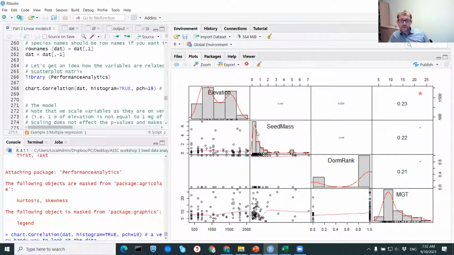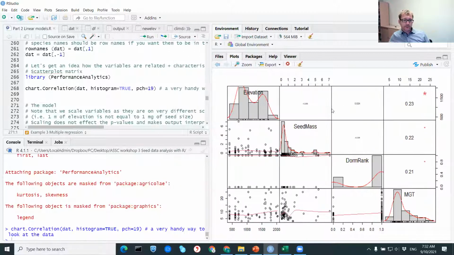You can see, for example, that seed mass is skewed. In our data set, we have quite a lot of small seeds and a few exceptions. Dormancy is a binary variable here, so it's either 0 or 1. And you can also see the correlations among these variables. Just another way to take a look at your data.